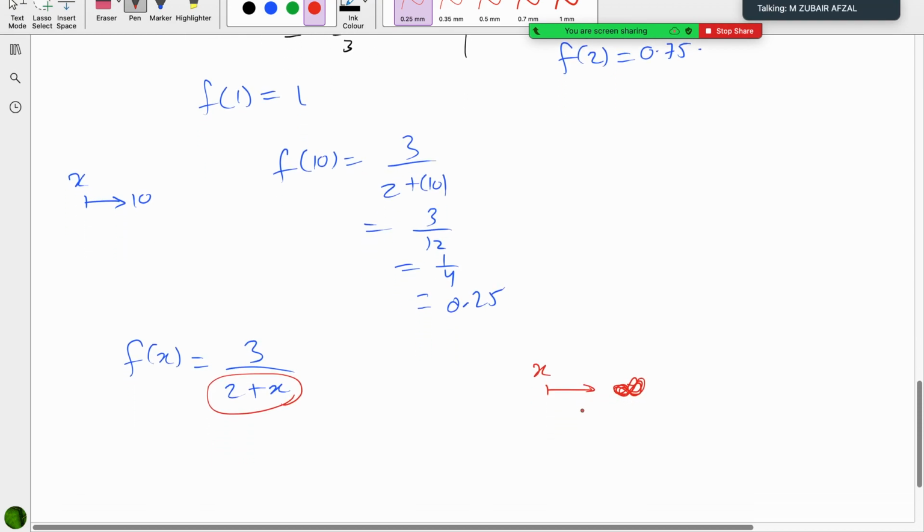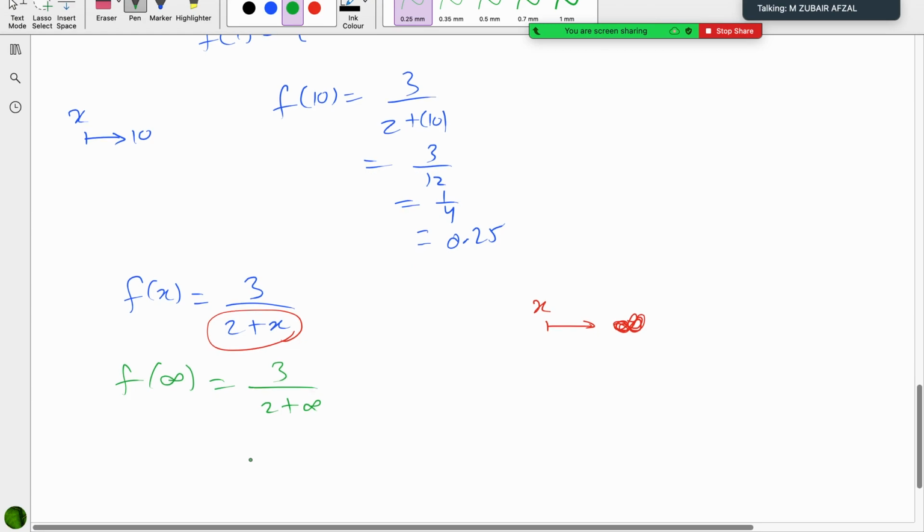Infinity is something unapproachable, so we call it infinity. So it would be 3 over infinite plus 2, and we know infinite plus anything is infinite. So 3 divided by a very large number would be 0, or you say it approaches 0. Getting it?